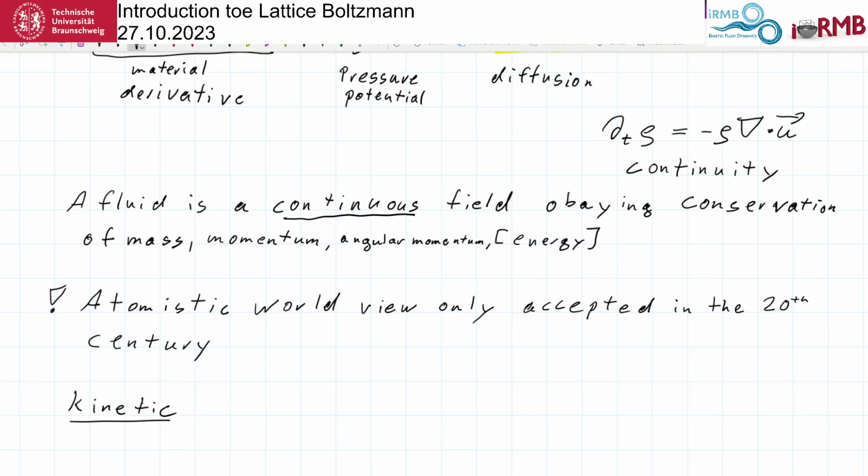So physical kinetics gives you the answer why, and under what circumstances, you can describe the universe with differential equations, the differential equations that were known already before we knew about atoms, and at the same time accept the atomistic view.